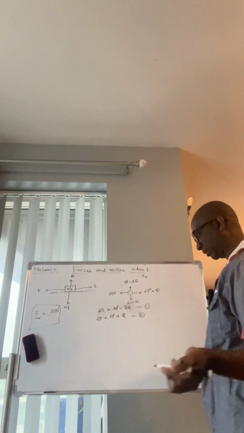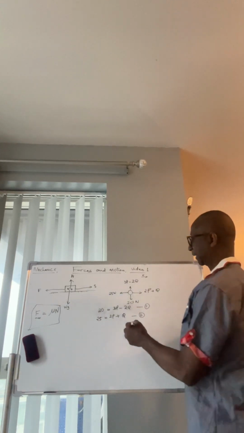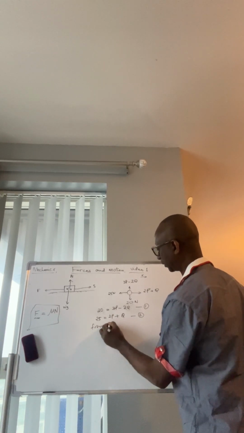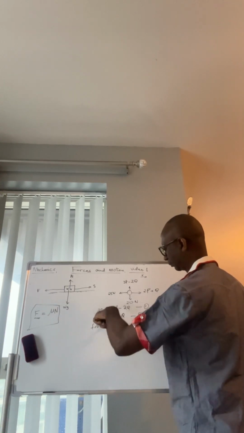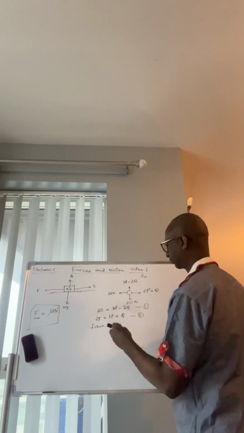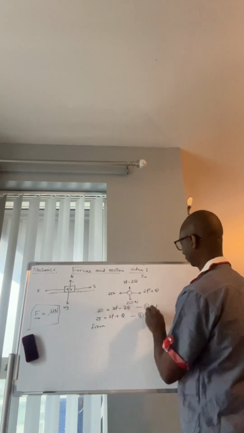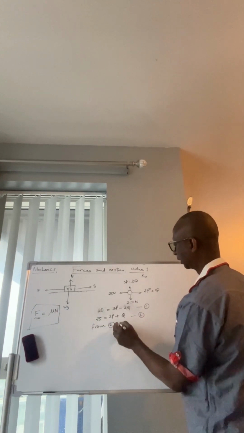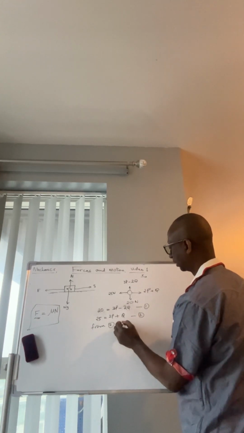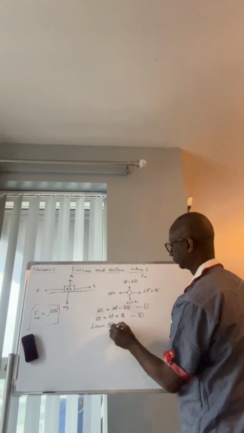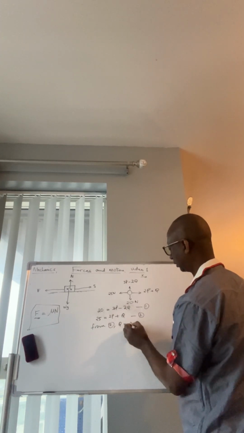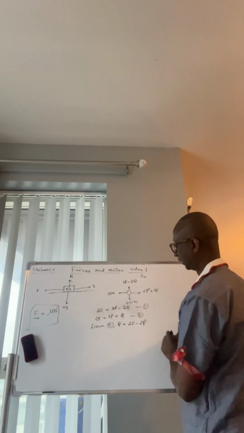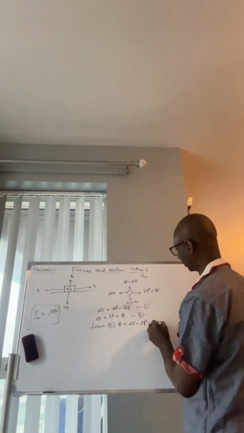So let's take the latter case. From equation 2, that's what I mean when I say from 2, from this one, q is equals to 25 minus 2p. And we'll call this equation 3.